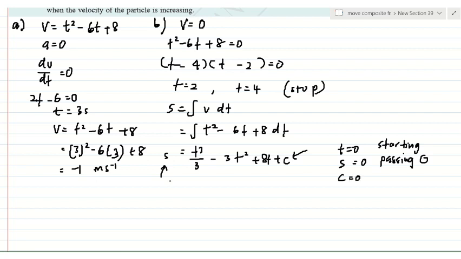So now our s is 1 over 3 t power 3 minus 3t square plus 8t. Right?